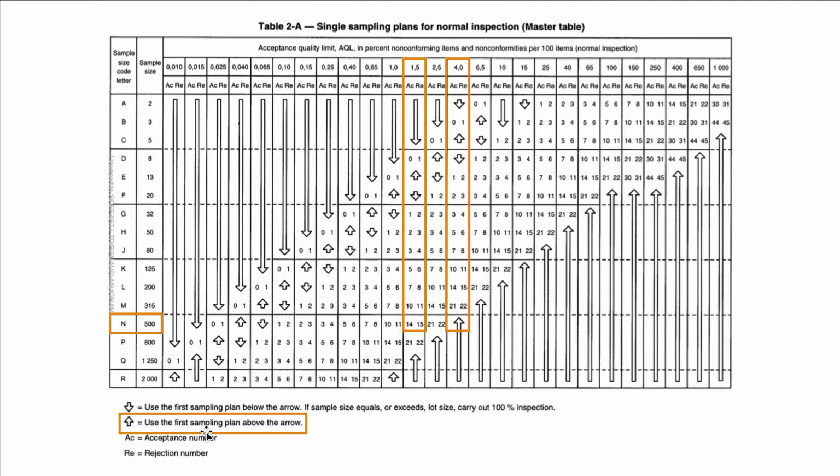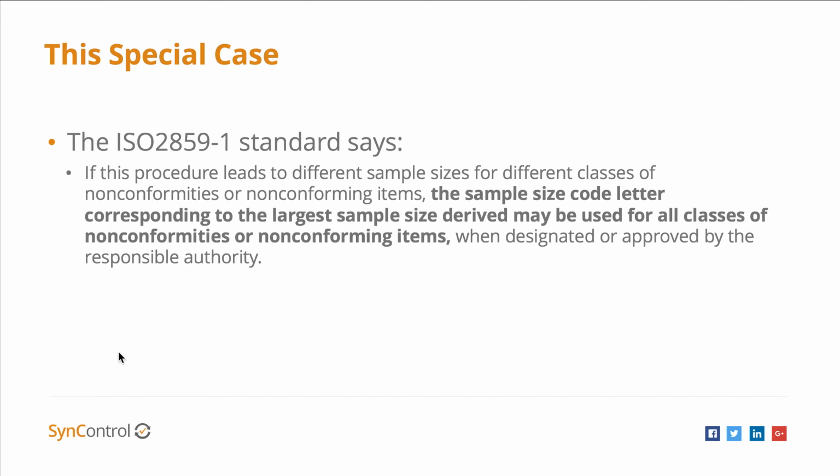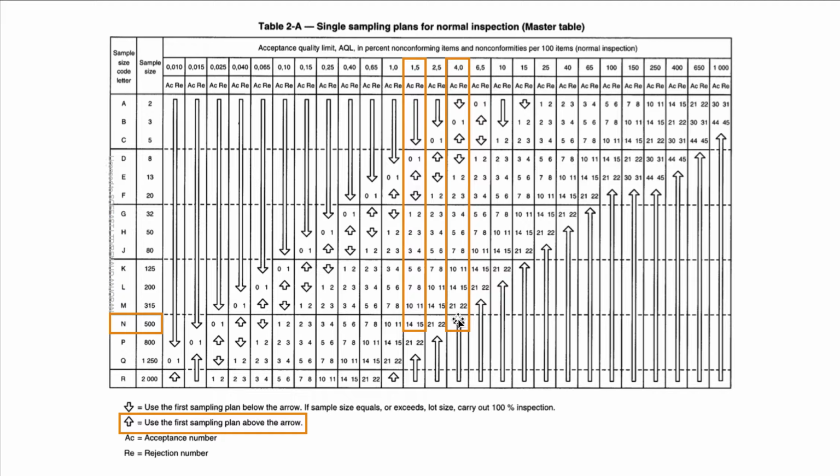By default it says use the first sampling plan above the arrow, which means 315 for the minor defects. However, the standard also says this, which means it's really up to you. And in a lot of cases, the inspector would just check all types of defects on that sampling size and would just go with 21, 22, which is the same numbers as here, and that works fine also.